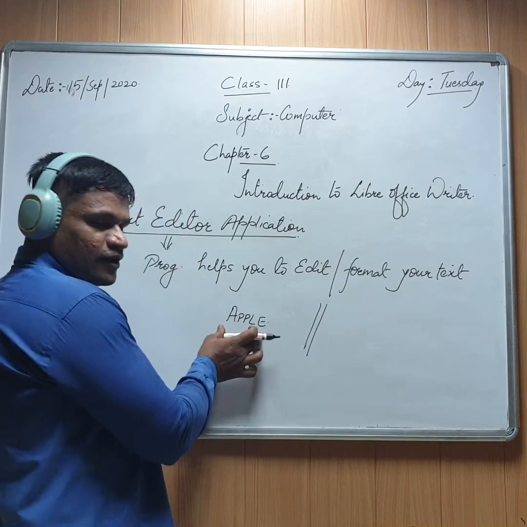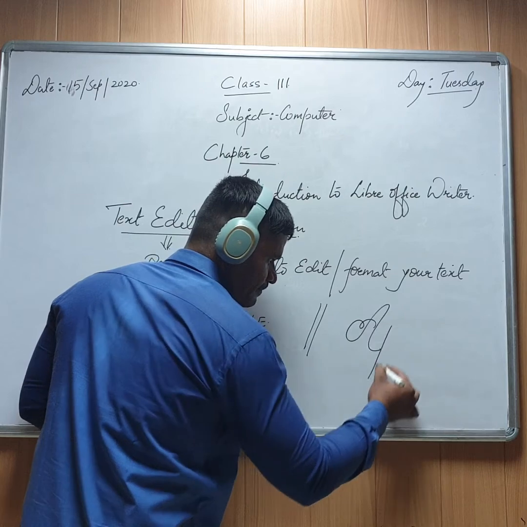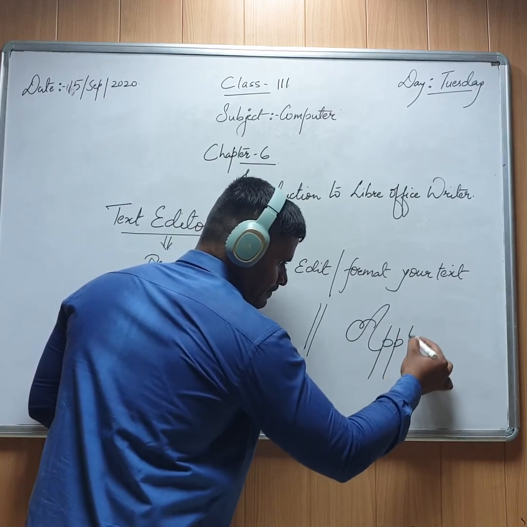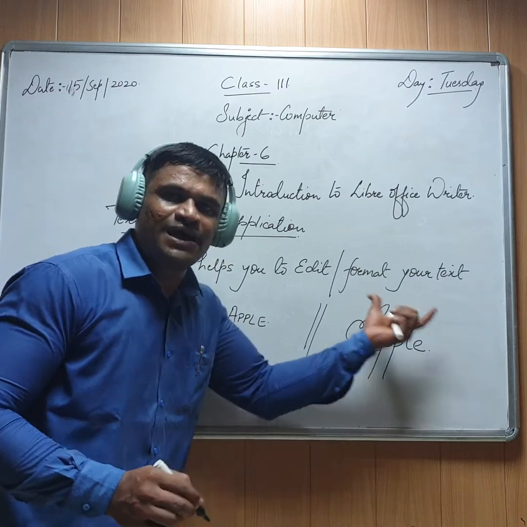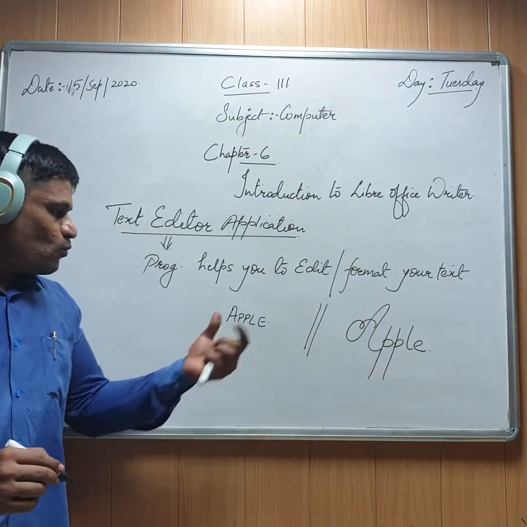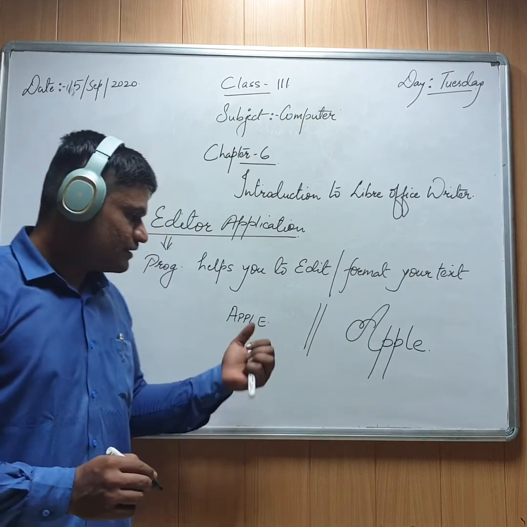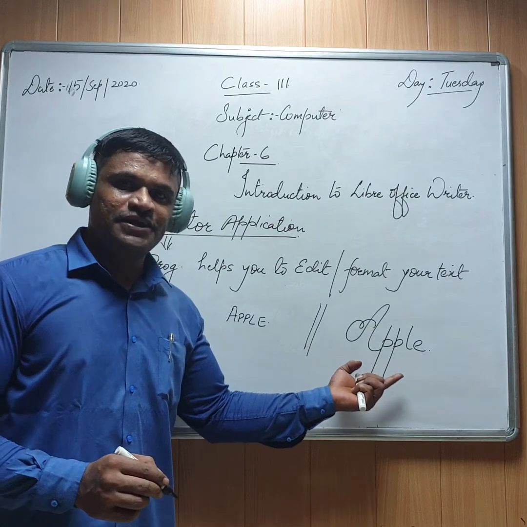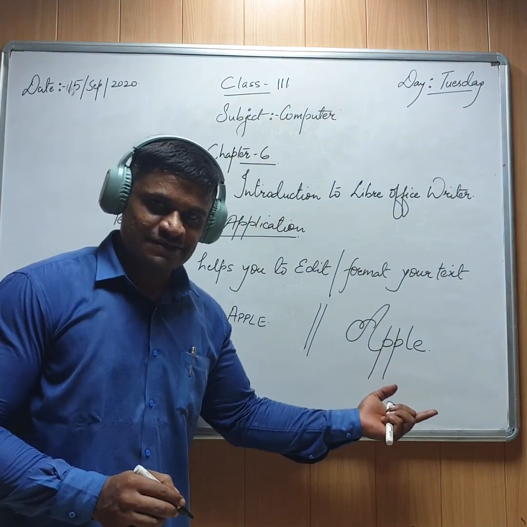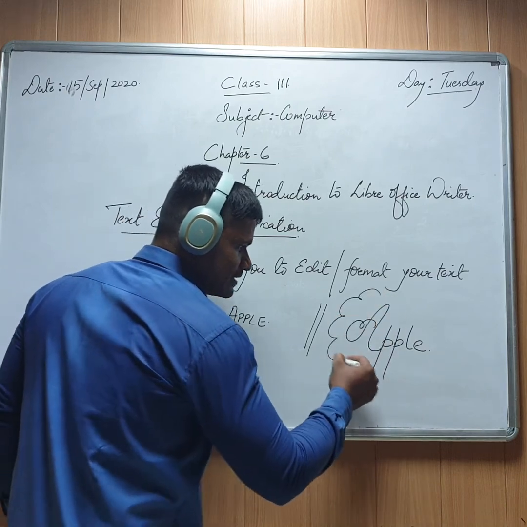The same word, if I write like this, and let's say if I write like this with some other color, which will be more attractive for you? This one, the normal one, or the edited one?